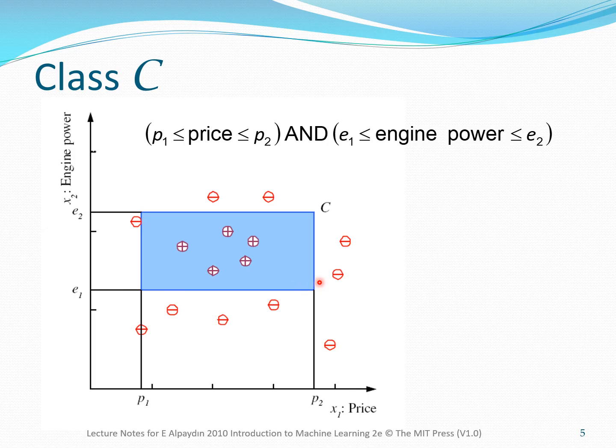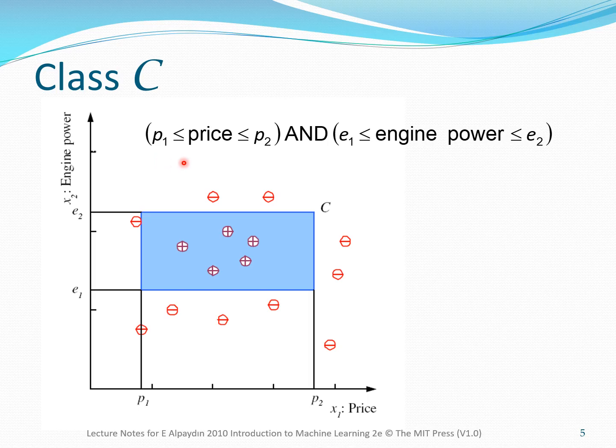After further discussions with the expert and the analysis of the data, we may have reasons to believe that for a car to be a family car, its price and engine power should be in a certain range.